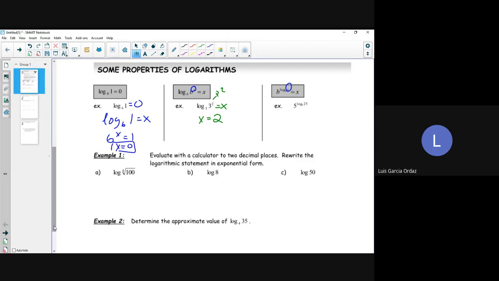Or log base 3 of 9 is equal to x. Okay? And we can say 3 to the x is equal to 9. And we still get the same answer. We get 3 to the x is equal to 3 to the 2. Therefore, x is equal to 2. Okay? But because of that property that we have, all we have to do is look at the exponent, and that would give us our x value.